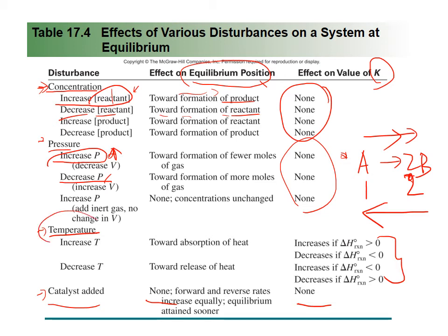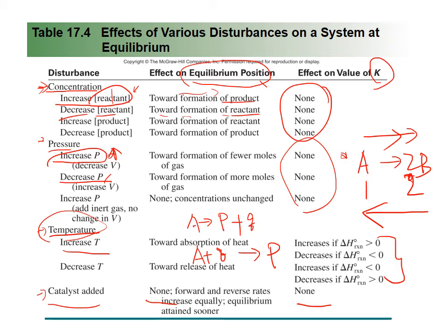Now, for temperature dependence, we need to consider the heat. If it's an exothermic reaction, we add heat to the product, so A goes to product plus heat. If it's endothermic, we add heat to the reactant. According to Le Châtelier's principle, when you increase temperature, that is equivalent to adding heat.